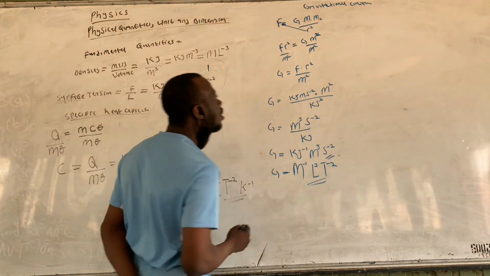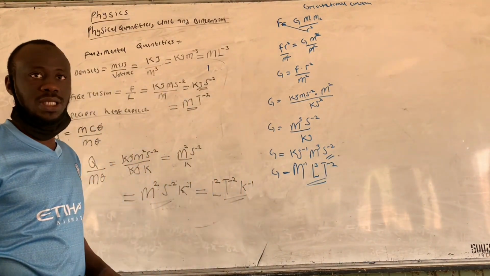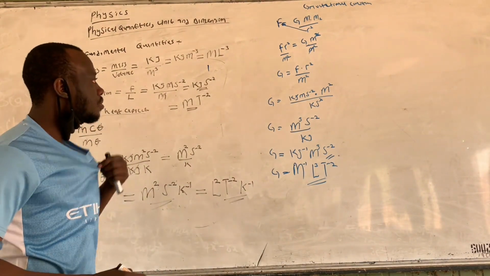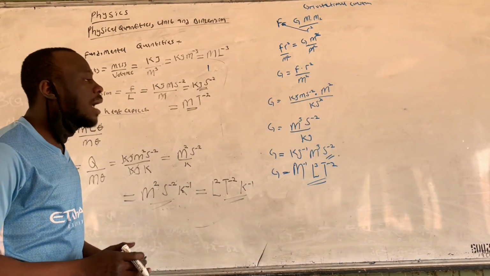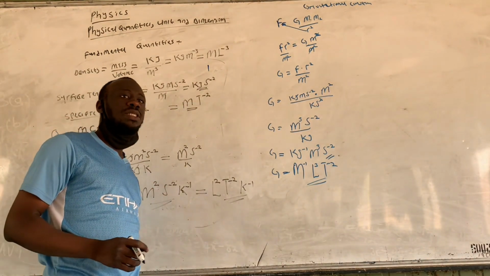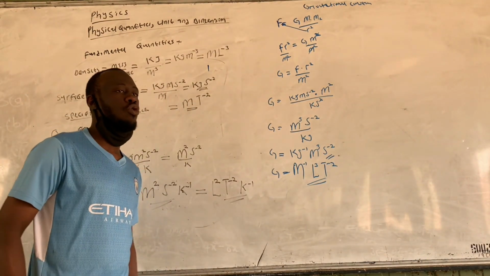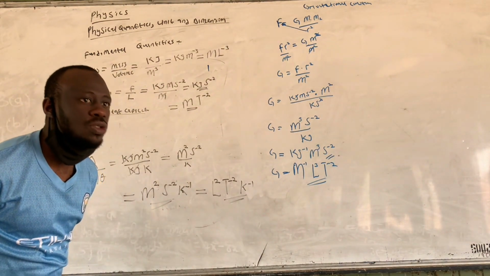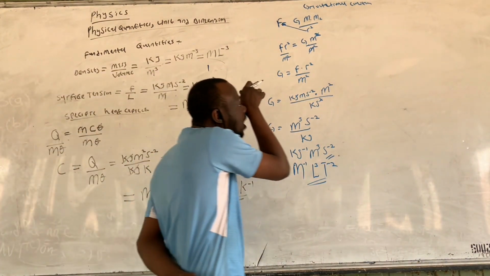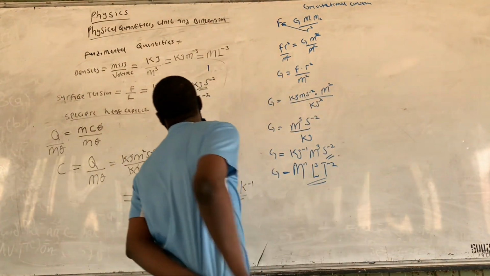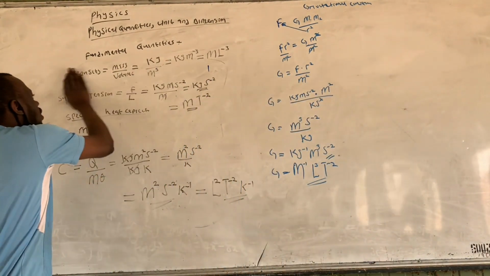This is the dimensional constant. So now we all know that dimension can be used to find out the correctness of a physical quantity.